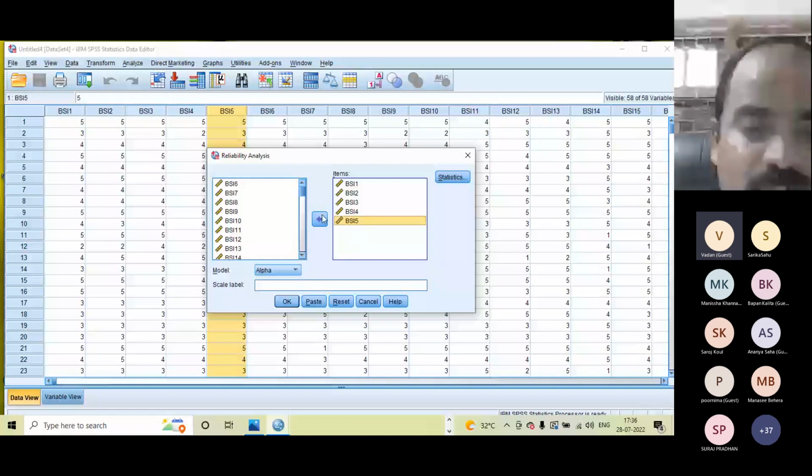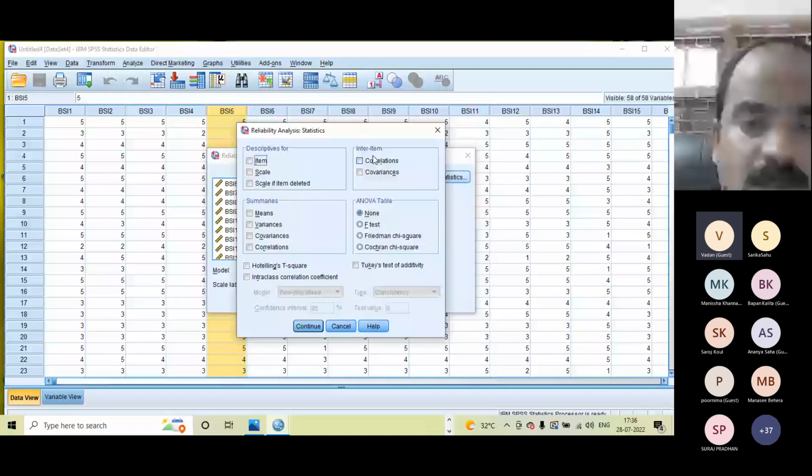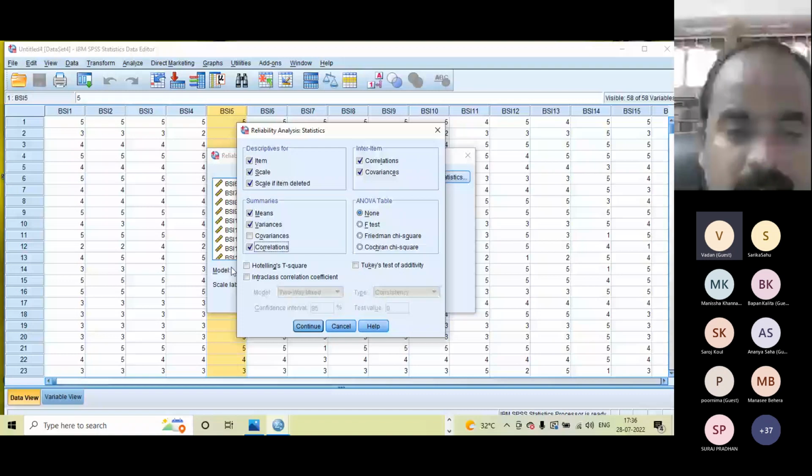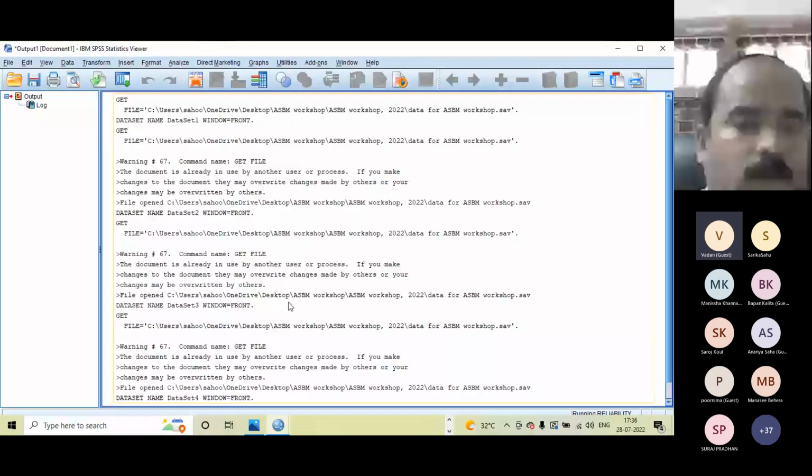If you require any other statistics, you can select them here, just to show, nothing else. Otherwise alpha is ticked, so no need to worry. Continue, then okay.